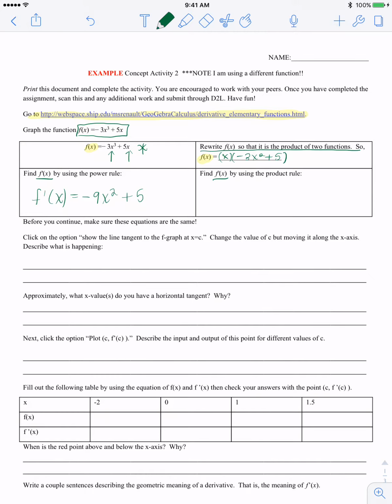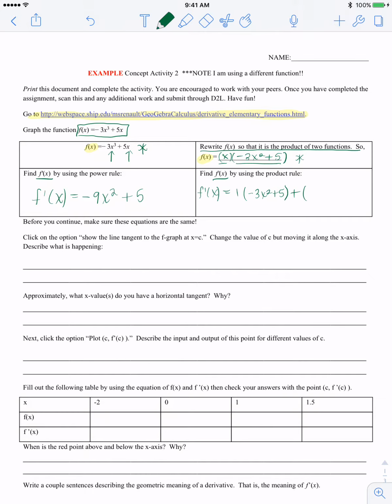Now I want to find the derivative using the product rule. So to use the product rule, I'll use this form of f of x. And I can see that this is the product of two functions. x is my first function, and negative 3x squared plus 5 is my second function. So f prime of x is equal to the derivative of the first, which is 1, times my second function, plus the derivative of the second function.